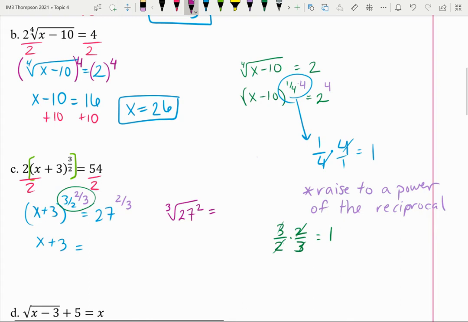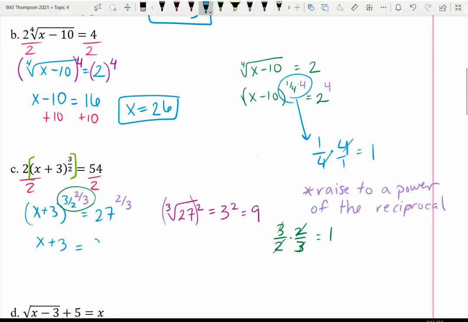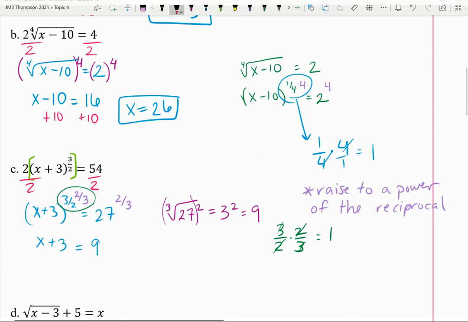And I have 3, that's this part, raised to the power of 2, which is 9. Finish by subtracting 3.